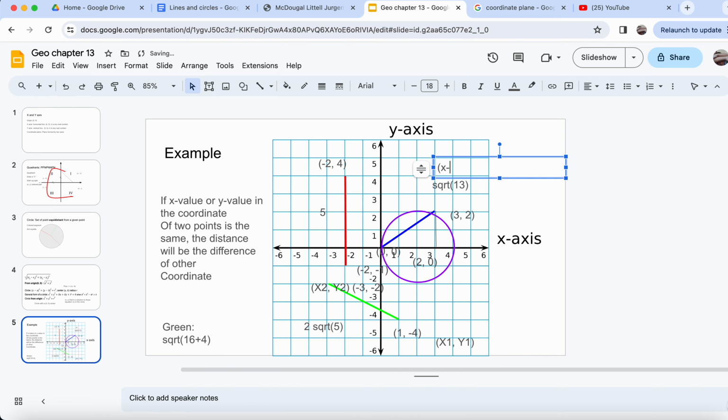A and b are the center, so a is 2. (x minus 2) squared plus (y minus 0) squared equals 2 times 2, which is 4. Notice we don't need the y minus 0. So the equation of the circle is just (x minus 2) squared plus y squared equals 4. Thank you for listening.